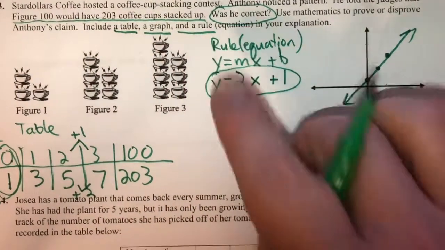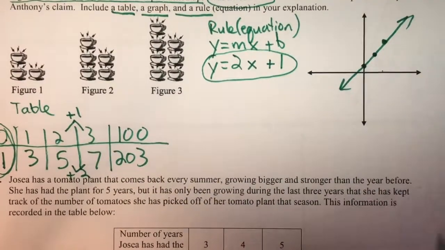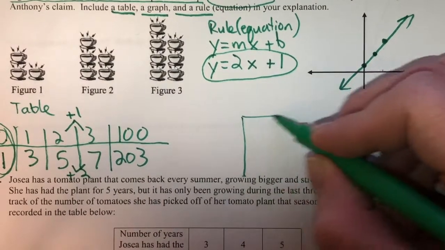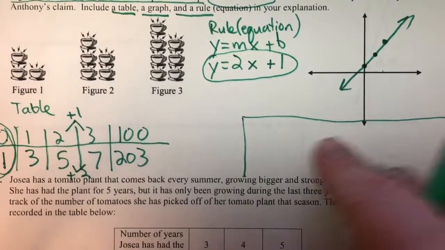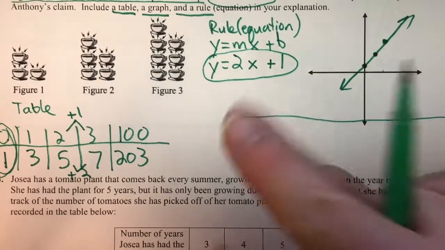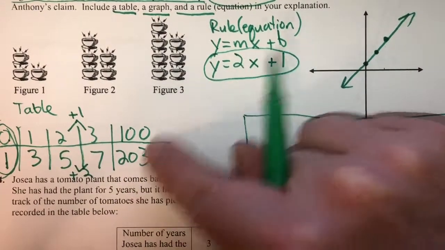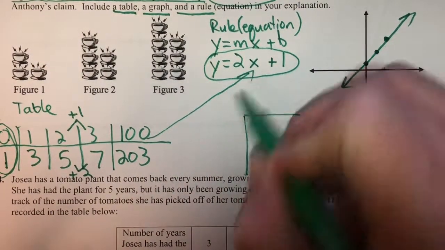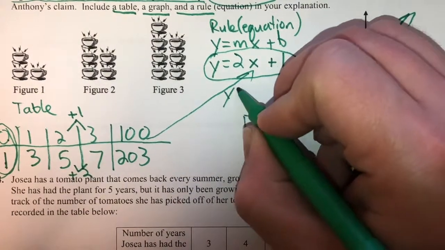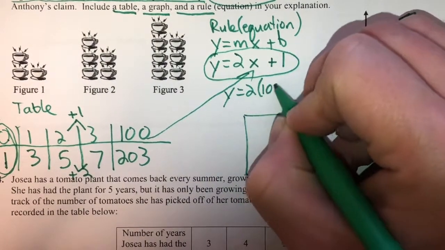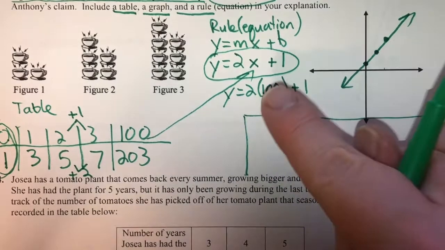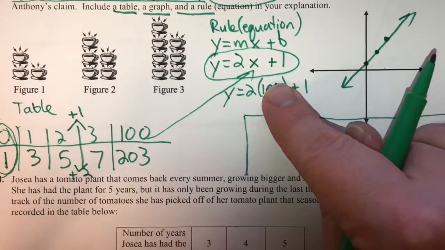These 3. The last bit is, was he correct? So I have to put somewhere down here if he was correct or not. So I'll just put it in this box. So he said that if he puts 100 in for that x, which means I have y equals 2 times 100, and then I add 1. So he said the 100th figure has 203.